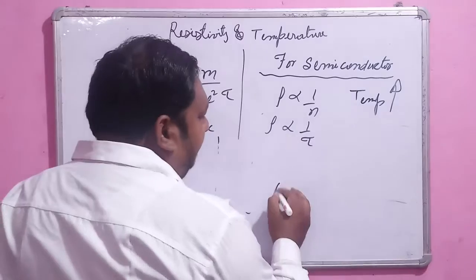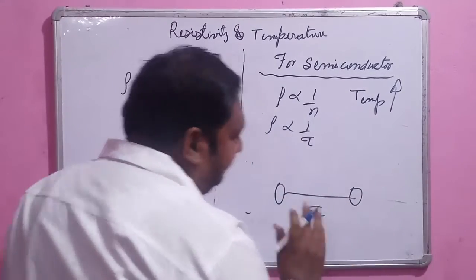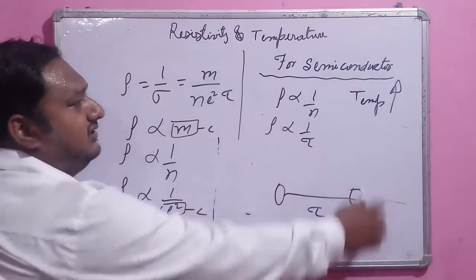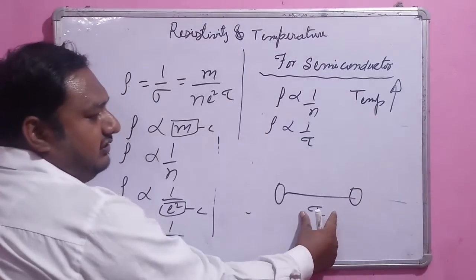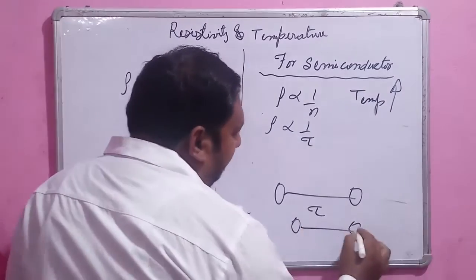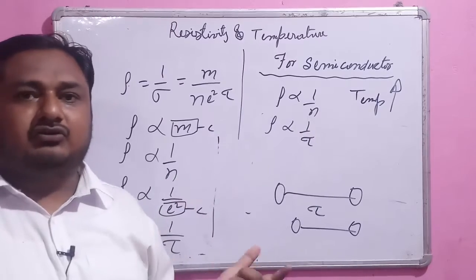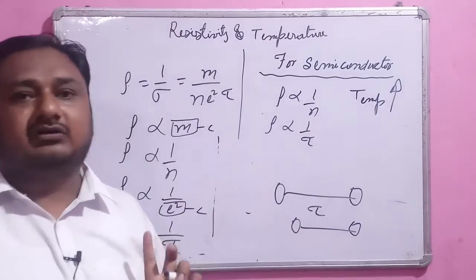Suppose this is the average relaxation time. In a conductor, as we increase the temperature, this relaxation time decreases. Why? Because the number density, or number of electrons per unit volume, of a conductor is constant.